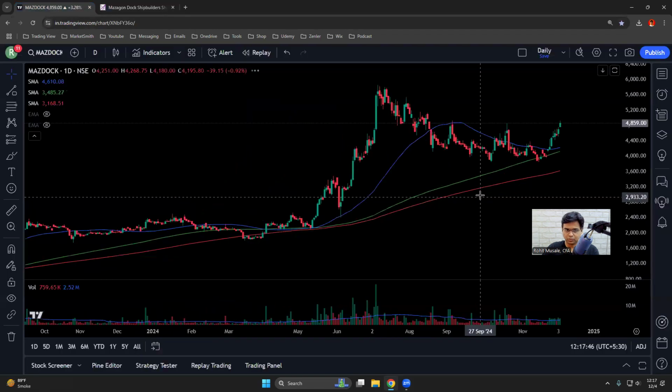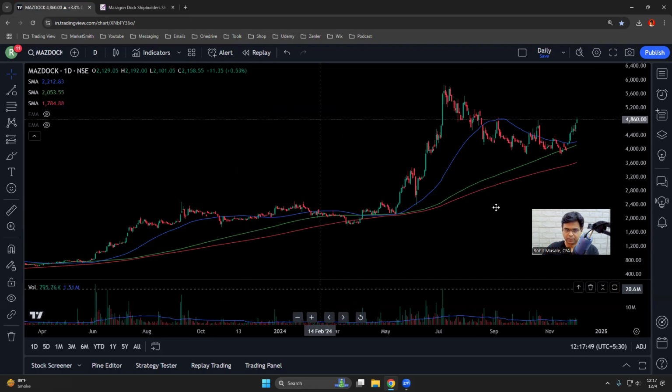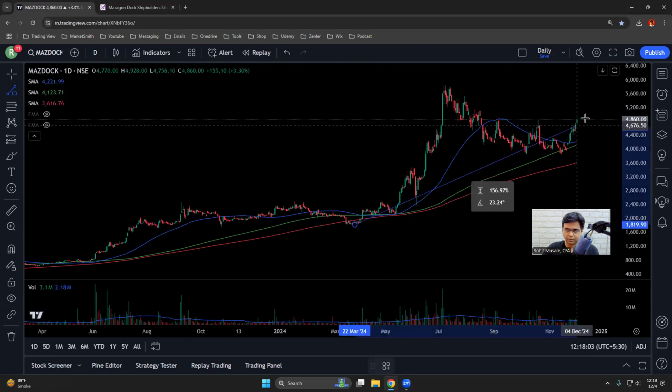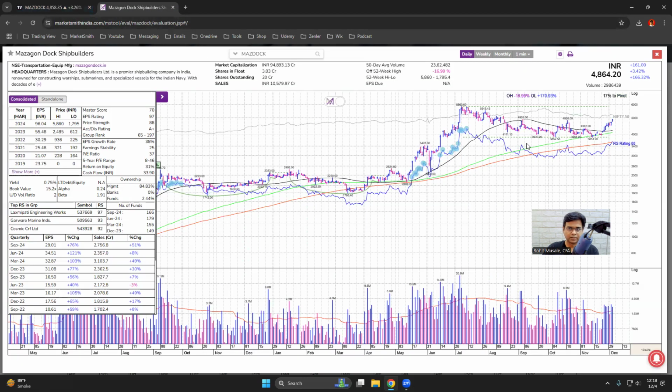So what's the low? From December, somewhere here. Yeah, this is the low. So I take this low somewhere here and measure the distance. See, till the current price, 166%, 167%.